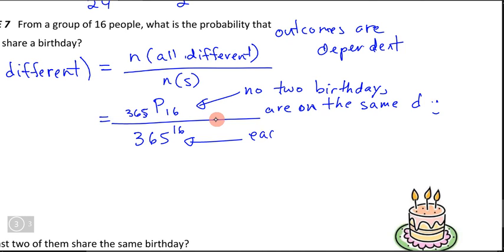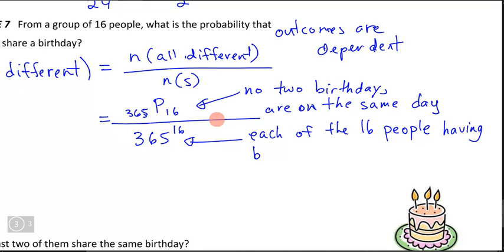this is each of the 16 people having, how did this turn into a smiley face? Day. There you go.